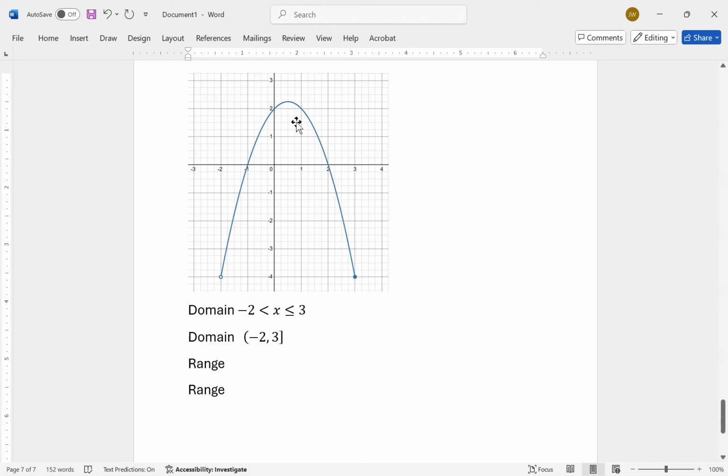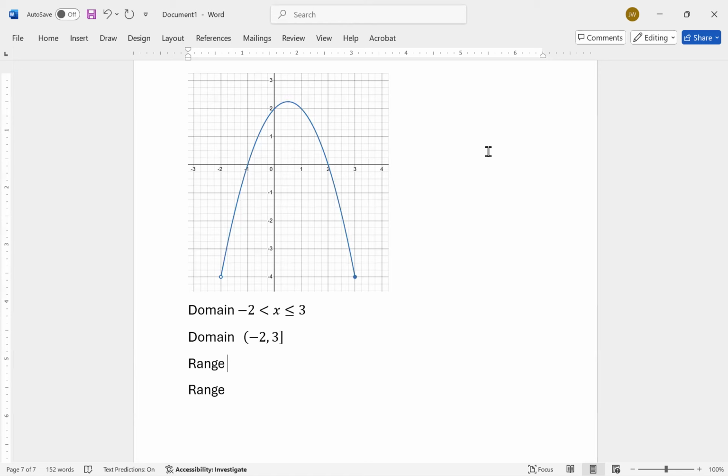And it looks like the highest point is 2.25. If you notice this graph, we're somewhere between 2 and 3 at our highest value. It looks to be about 2.25 based on the grid. So that's what I'm going to say.